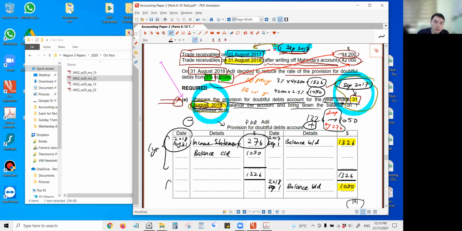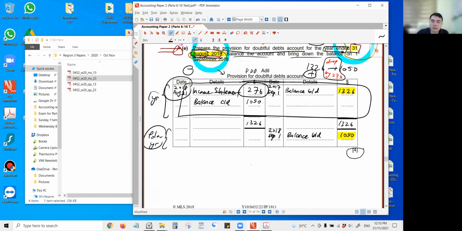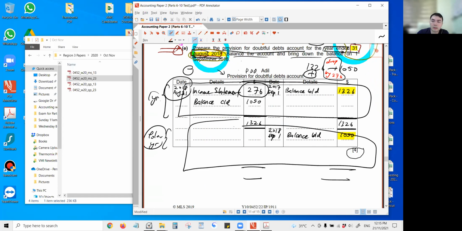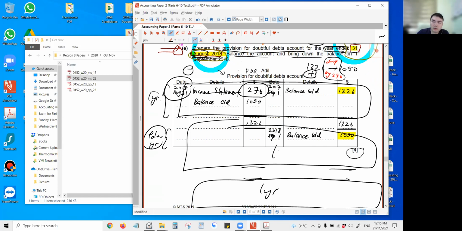After you have drawn the line, this is the following year. This is one year, and then let's say there are lines here also. This is another year. Then this is the following year.